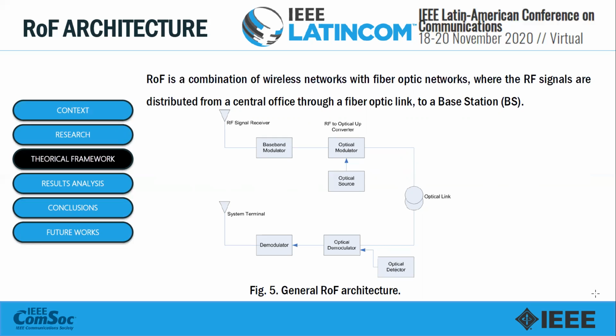So you see how the RF signal receiver gets that information, and then goes through a baseband modulator, then continues with using an optical source, the RF to optical up converter, and then we have the optical link, and from the transmitter to the receiver it does the complementary operation with the optical detector and optical demodulator, and to finish with the demodulator in the electrical domain to the system terminal.